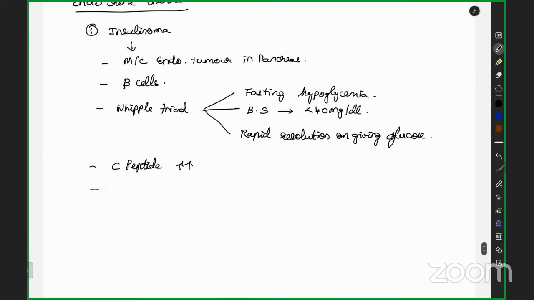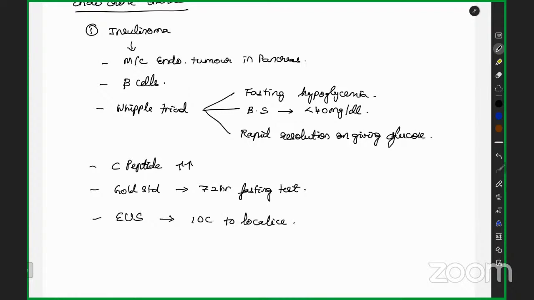Okay, then what is going to be a gold standard method? Gold standard method is going to be 72-hour fasting test. And how do you localize? You're going to localize by doing an endoscopic ultrasound. Endoscopic ultrasound is going to be the investigation of choice to localize. And what is going to be your management? My management is going to be very simple.